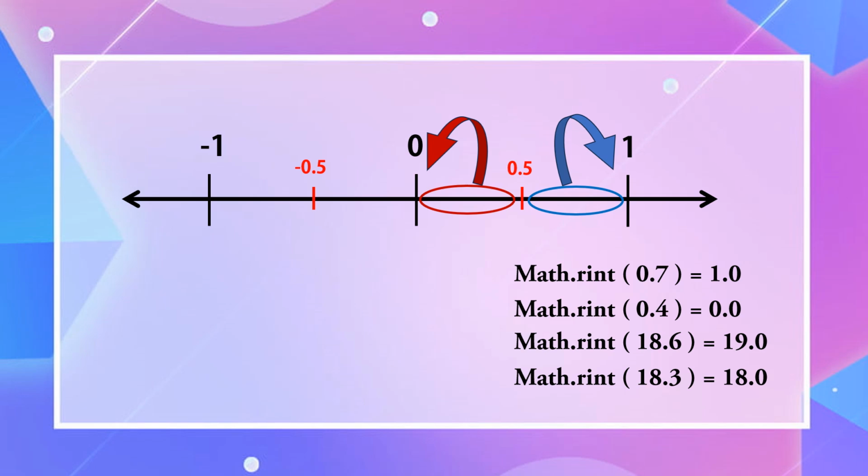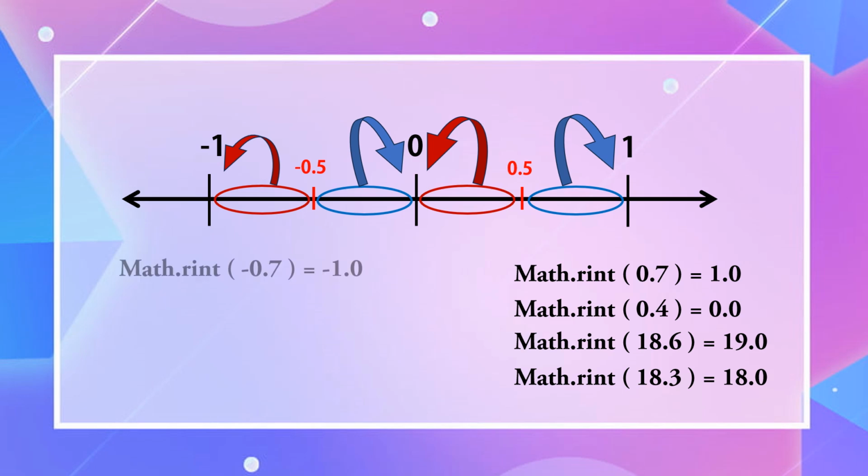Now let us see what happens on the negative side. If the value is in the range of minus 0.1 to minus 0.4, it will be rounded off to the next number, that is 0. And if it is in the range of minus 0.6 to minus 0.9, it will be rounded down to the previous number, that is minus 1.